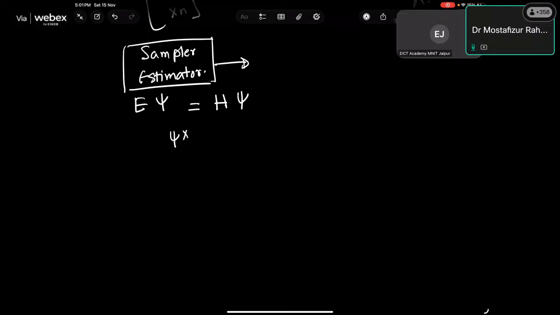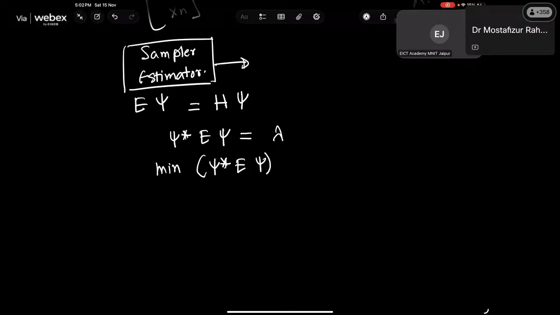If you want to calculate these things, E psi equals some value, some lambda, and I want to minimize this. That will give me my lambda min.